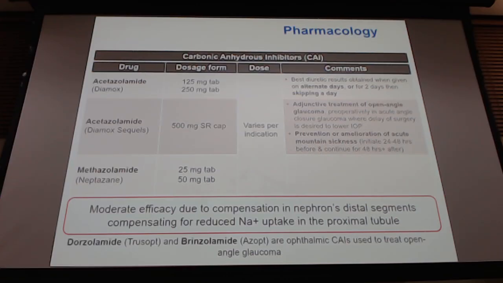And then another drug in this class is methazolamide as well. There is moderate efficacy due to compensation of the nephrons in the distal segments, compensating for the reduced sodium, so the tachyphylaxis. And then we also have the eye drops, so dorzolamide and brinzolamide are ophthalmic carbonic anhydrase inhibitors used to treat open-angle glaucoma.